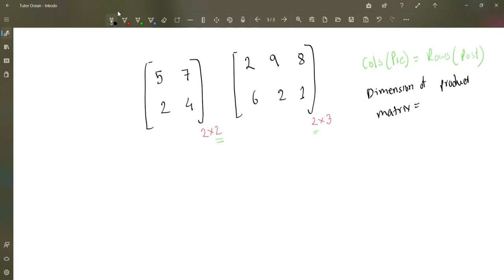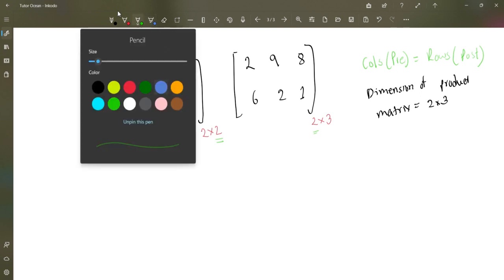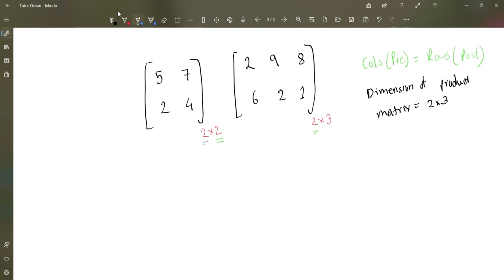The dimension of the product matrix is 2 into 3. Where did the 2 come from? The number of rows came from the pre-matrix, and the number of columns came from the post-matrix.